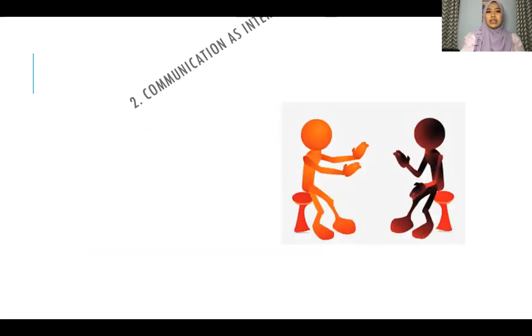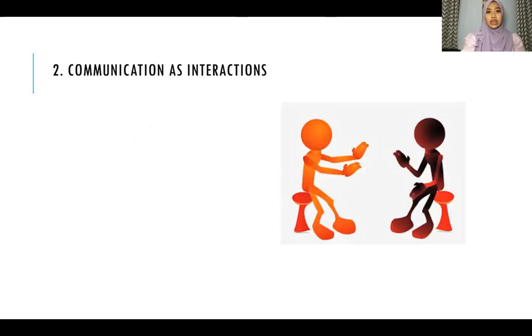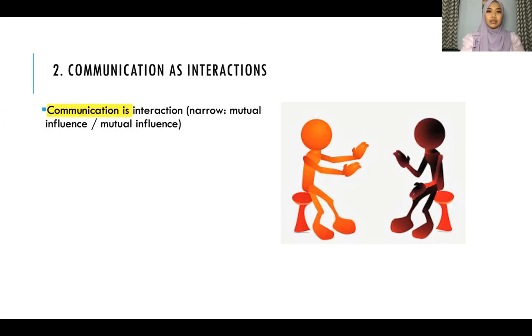The second is communication as interaction. In this part you may see a clear differentiation. Communication here means interaction in a narrow sense, which is mutual influence.